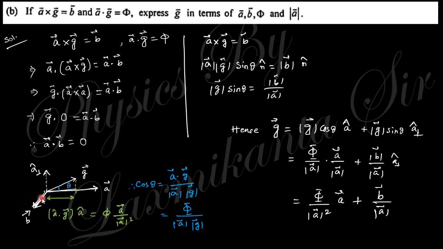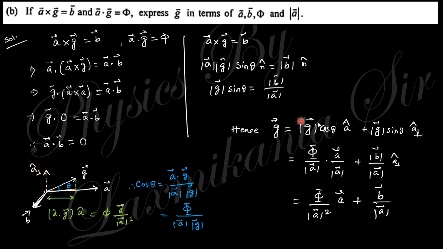One thing is this. Now if you take the cross product, there is a sin theta, where theta is the angle between a and g, so you will obtain the value of sin theta here. And if you take the dot product, a cos theta will be obtained. So this g is divided in two parts: this is the cos part, and this perpendicular is the sin part. This a cap perpendicular is perpendicular to the a vector.